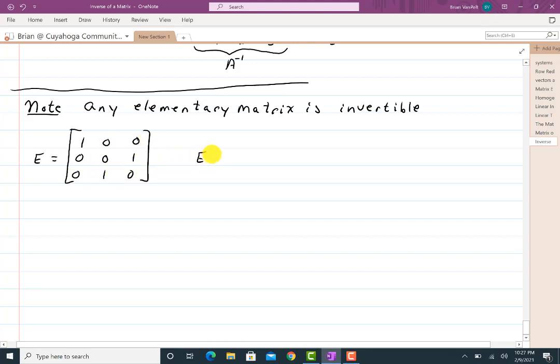Well, the inverse of that particular matrix is exactly the same thing. You swap them back, but it looks like the same matrix to begin with. So swapping is very simple. If you do it twice in a row, you've swapped and then swapped them back. So that's an easy one.